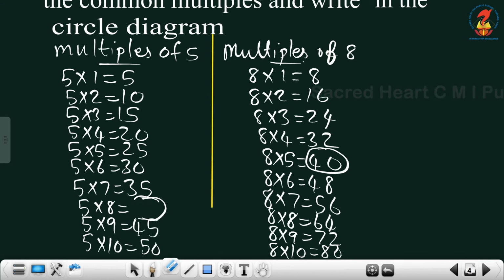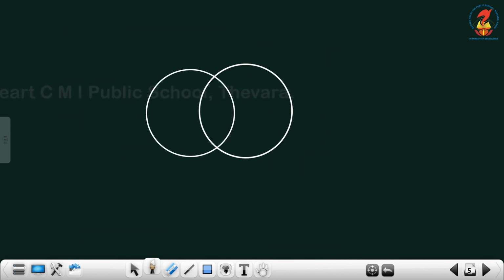This one is 40 only, right? And the next one is 45. 45 is not there. And 50 is also not there. So I need to write the common multiple here. That is 40. This one is for common multiples, right?